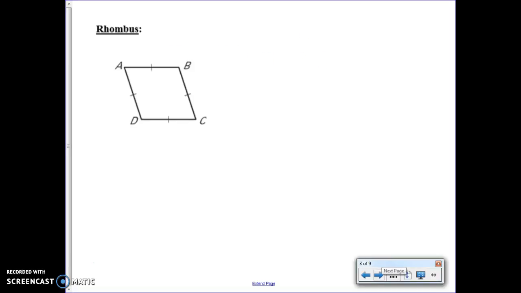A rhombus is another special kind of parallelogram. It's a parallelogram with four congruent sides.